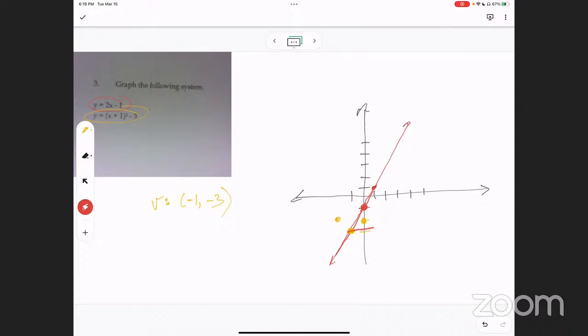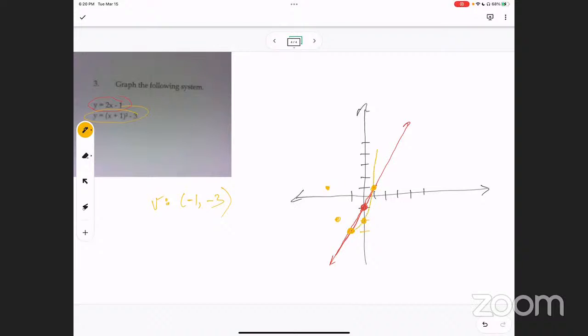Yep, over 2 up 4 is going to put me here. Oh, sorry, I did that wrong. Yeah, it's here. You're right. And over 2 up 4 is going to put me here. Right? And so my graph's going to look like this.